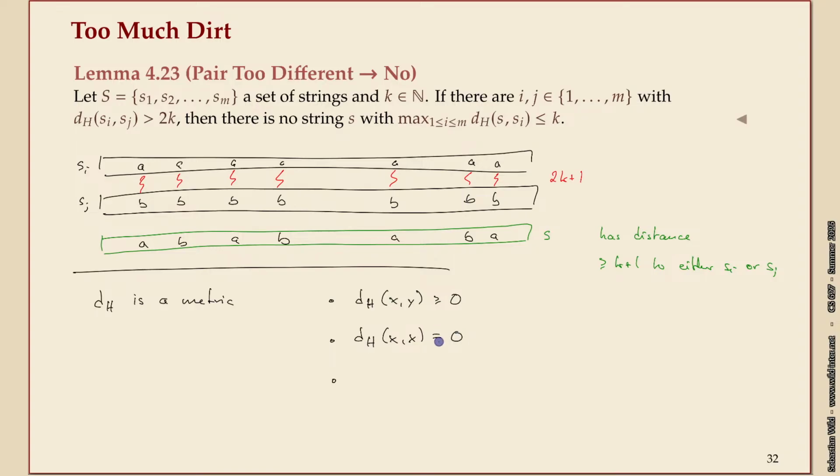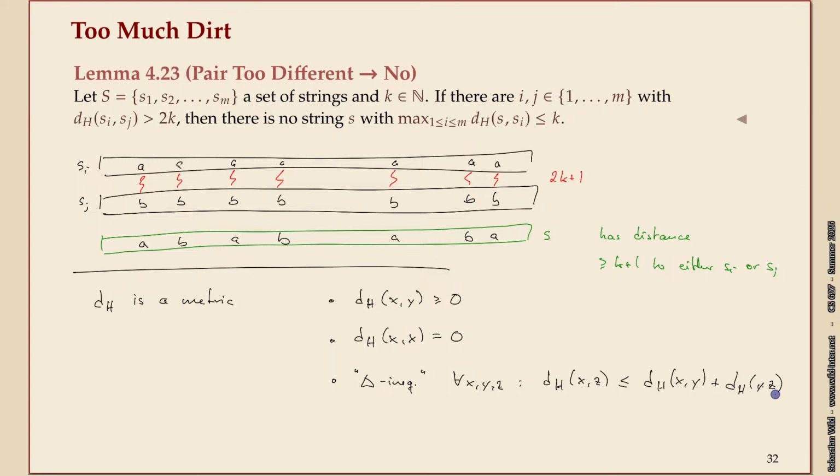So these are satisfied by many functions. The crucial property of a metric is the triangle inequality. Which means for any x, y, z, it has to be that the distance, if you go from x to z, is not more than going from x to y, and then from y to z.